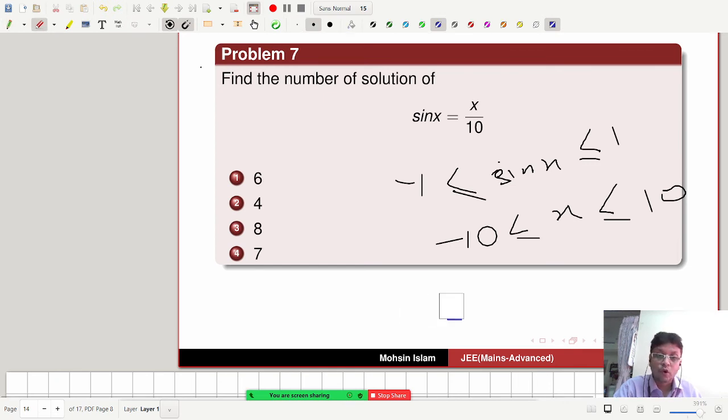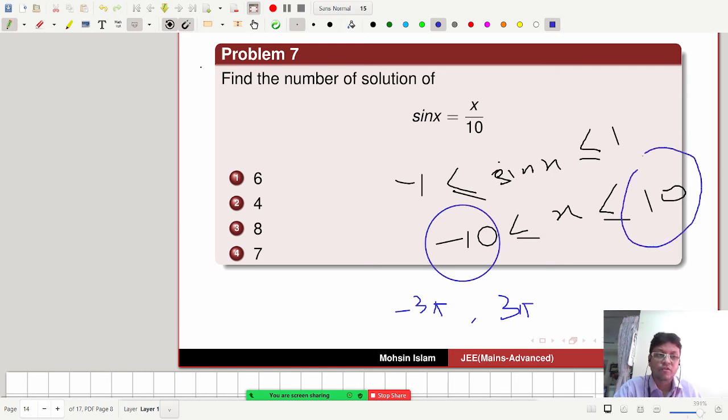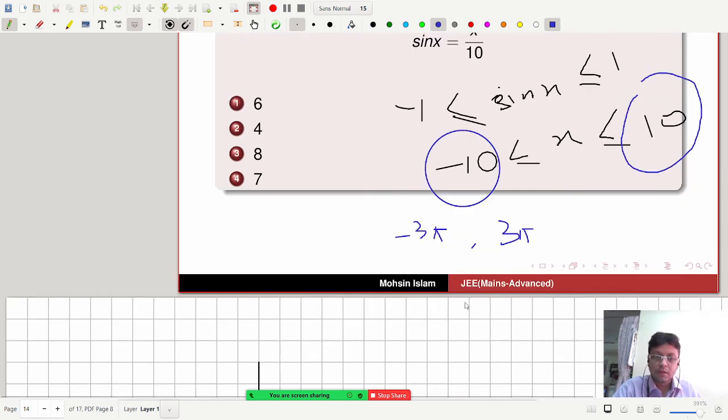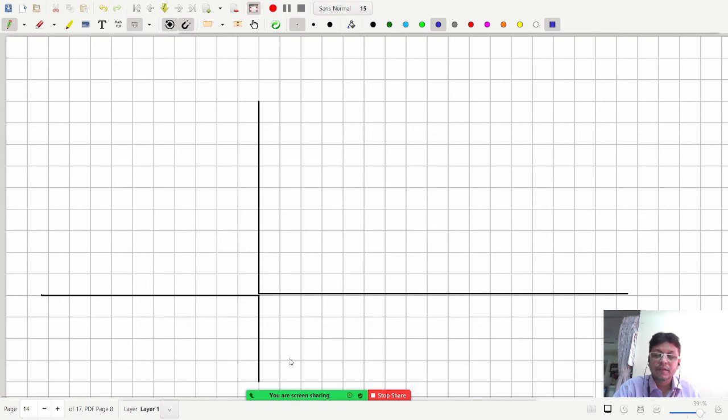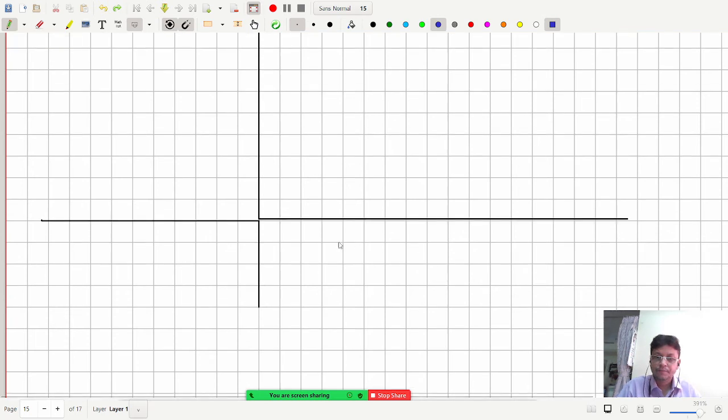So let's draw the graph from minus 3 pi to 3 pi, because you have to go to minus 10 on the left and on the right you have to go to 10. So pi is 3.14, 3 pi is 9 point something. So let's draw the graph of sin x.